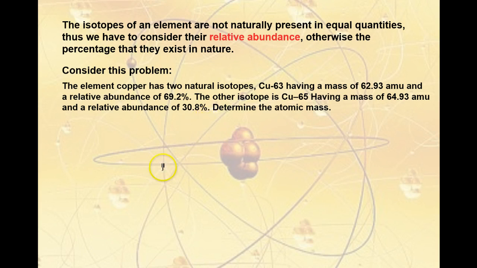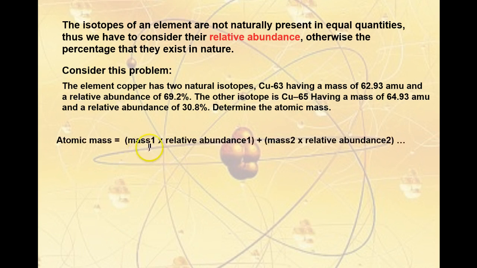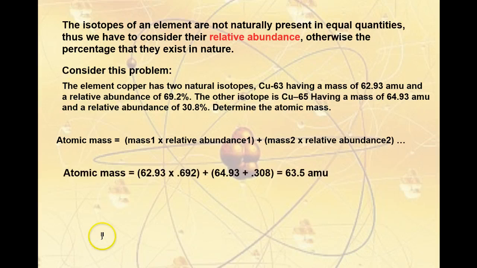Now we want to determine the atomic mass, and here's how we do it. You're going to take the mass of one of the isotopes, multiplied by its relative abundance, add it to the mass of the second isotope multiplied by its relative abundance, and you'll keep doing this for each one of the isotopes that exist for that particular element. Since copper only has 2, we're just going to add the 2 together. Okay, very simple. So we're going to take the mass of copper 63, multiply it by its relative abundance, and use a decimal percent. And how do you do that?